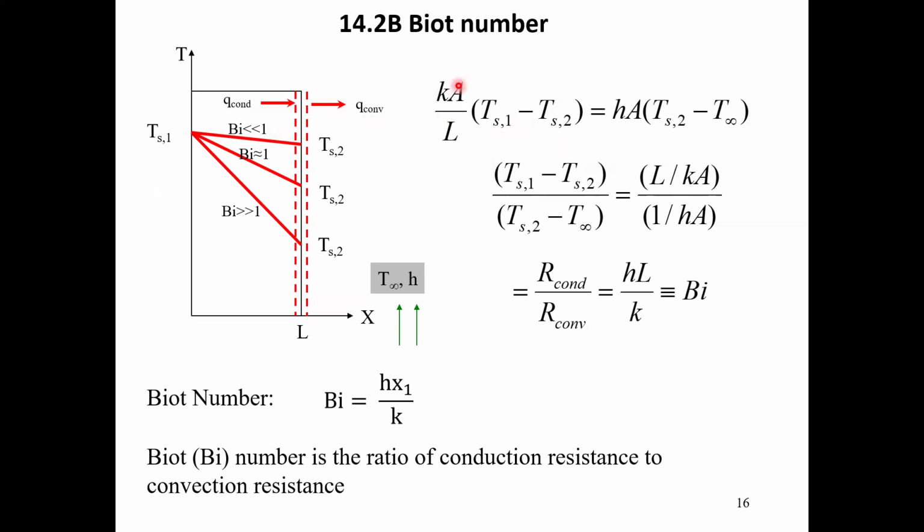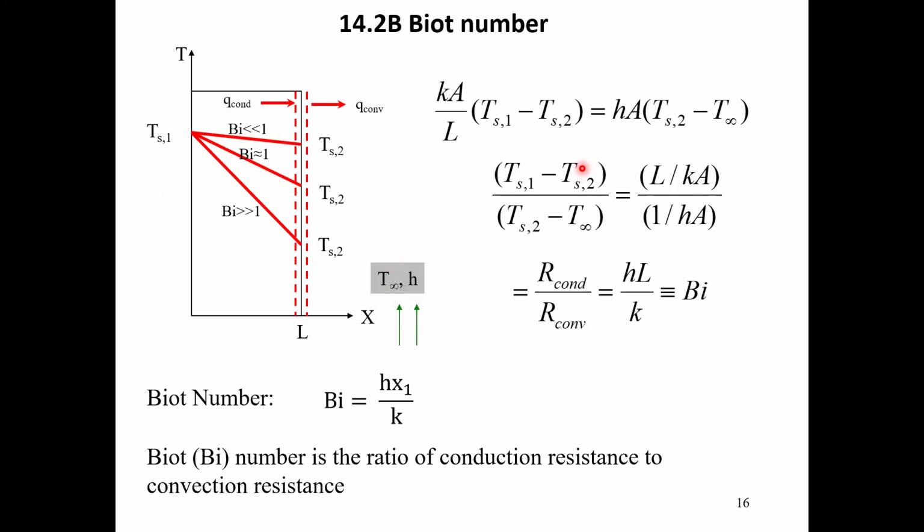We have seen the rate of heat transfer via conduction previously, which is k times delta T by delta x, and delta x here is L. That would be equal to heat transfer via convection, hA into delta T, where the temperature difference is TS2 minus the atmospheric temperature T infinity.